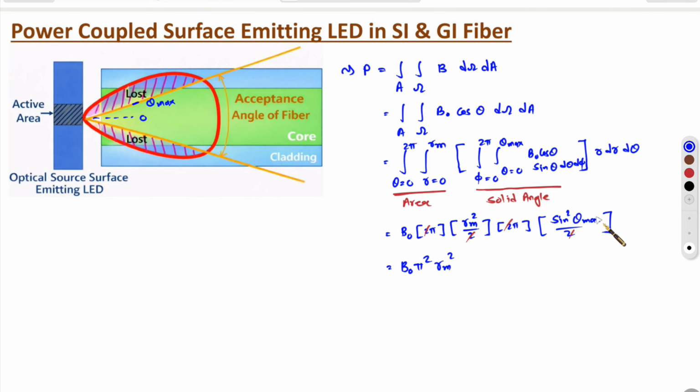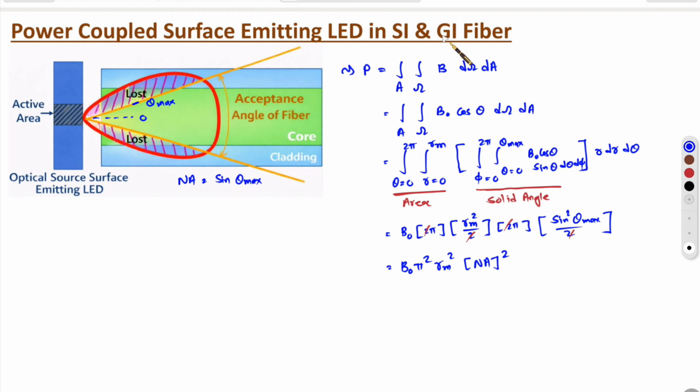One should know for optical fiber, numerical aperture is sin theta max, right? So here I can say this sin square theta max is numerical aperture square, right? So that is how we have power coupled by surface emitting LED inside step index and graded index fiber.